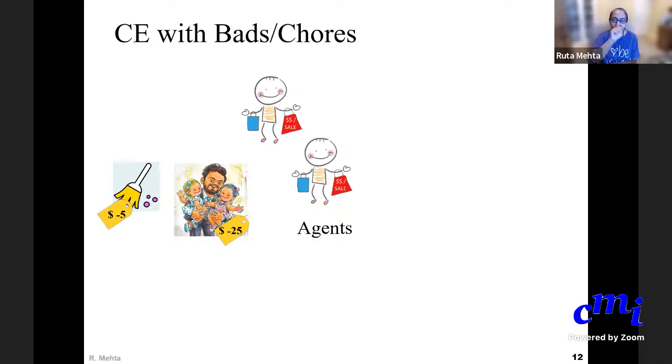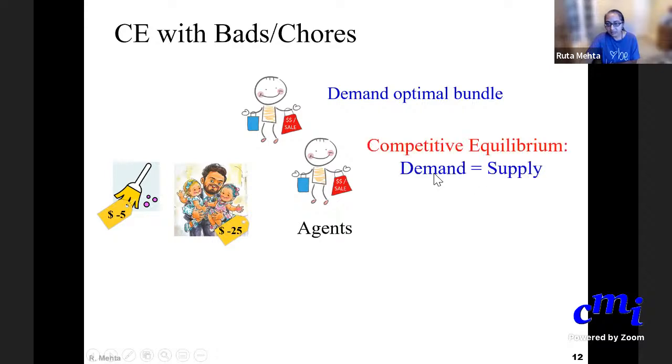I post prices on the chores, saying that if you do 1 unit of this chore, I'm going to give you 15 rupees or 5 rupees or 500 rupees or whatever. Then you decide which chores you would like to do based on your earning requirement. Based on everybody's demand, we check whether for every chore demand equals supply.